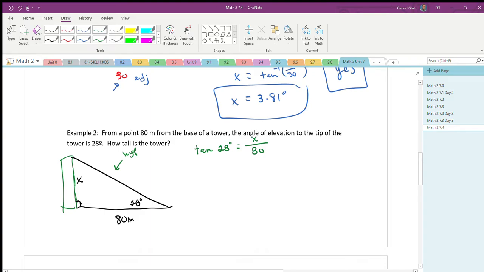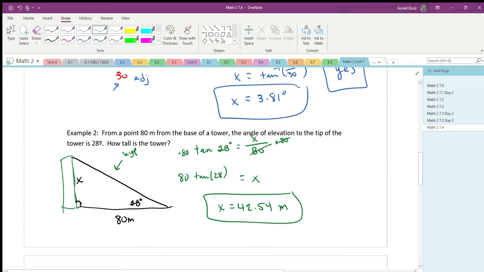So if I multiply by 80 on both sides, 80 divided by 80 is 1, so now I'll just have X, which is what I want. So tangent of 28 times 80 equals about 42.54 meters. And that's how tall that tower is.